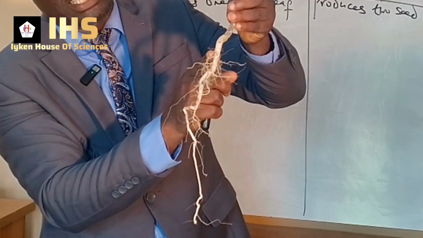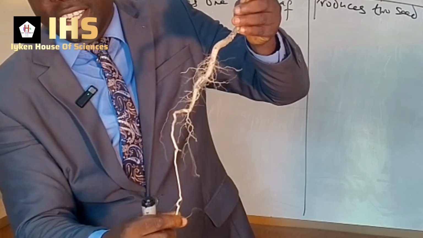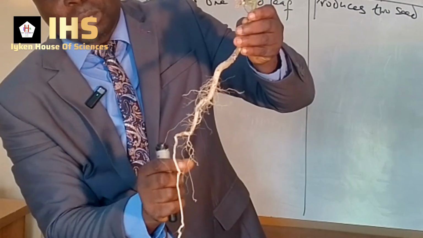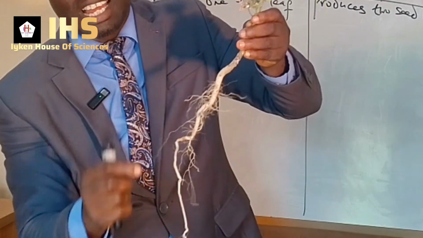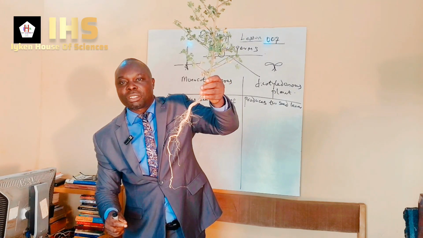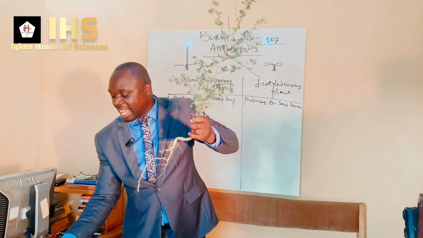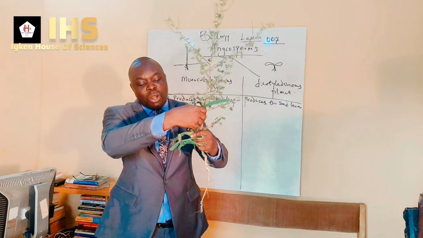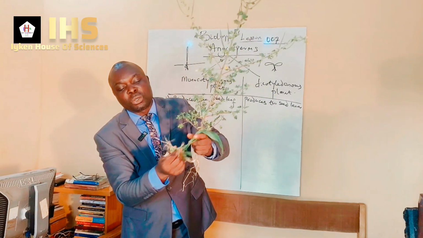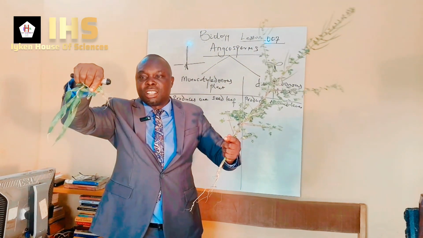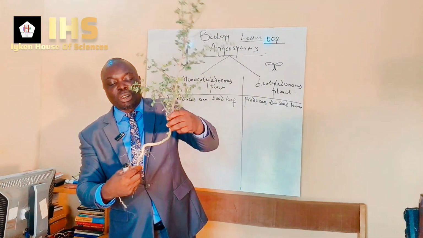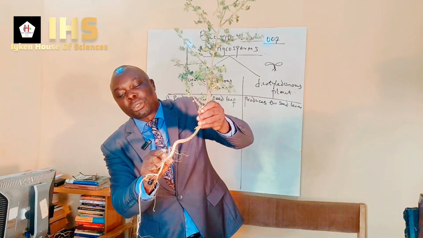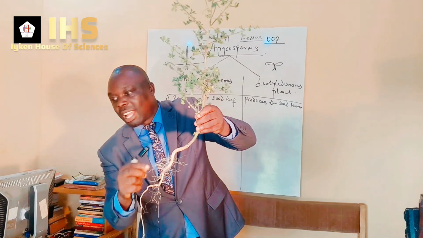There's a big root that enters inside the soil, then other small roots, the root hairs, attached on it. So the monocot has fibrous root system, while the dicot has tap root system.